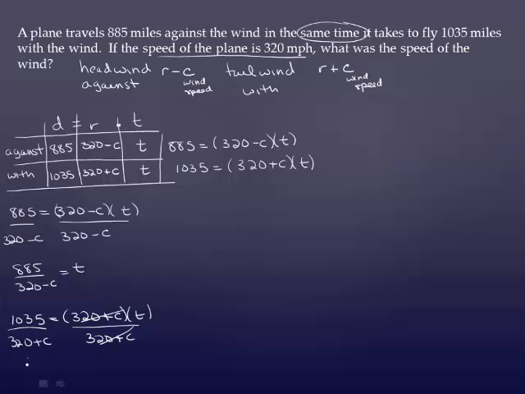So I get 1035 over 320 plus C is equal to T. This T and this T are the same. That means this expression and this expression are the same. So I'll set those equal to each other.